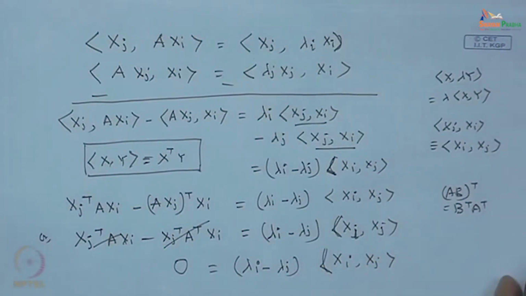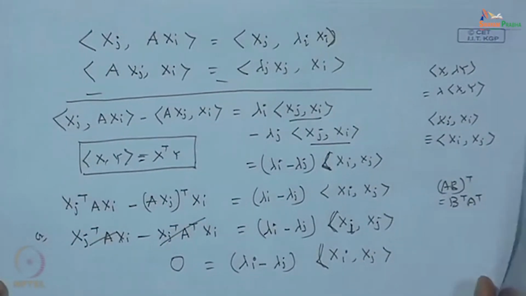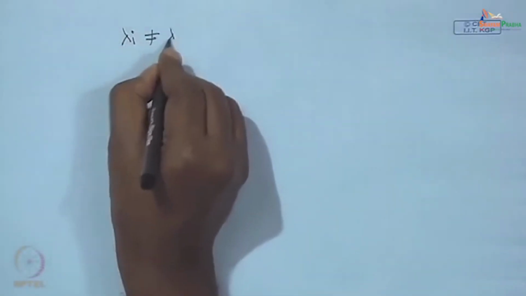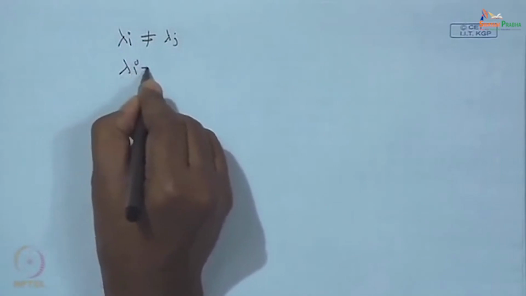Now, the eigenvalues being simple in nature means they are distinct. Distinct means lambda i is not equal to lambda j. They are not repeated roots, they are distinct roots.